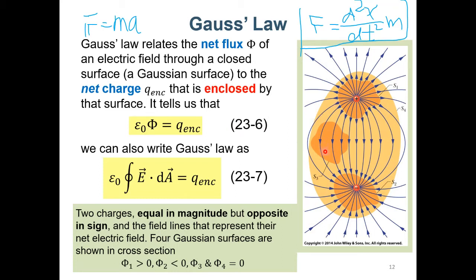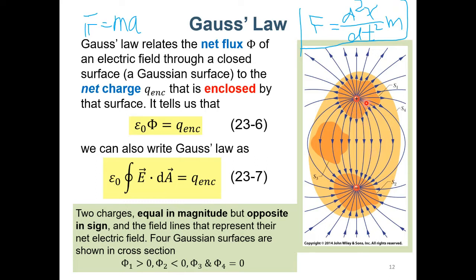It doesn't really matter whether the charge is distributed here or there, or part of it here and part of it there. It doesn't matter where the charge is located. It's only related to the total amount of charge enclosed by that Gaussian surface.